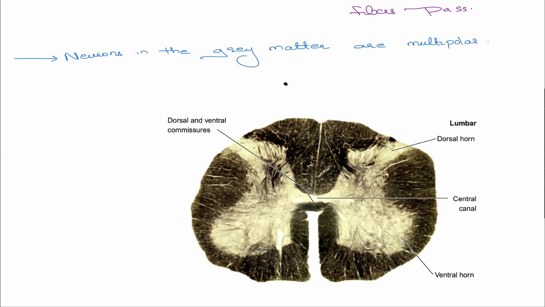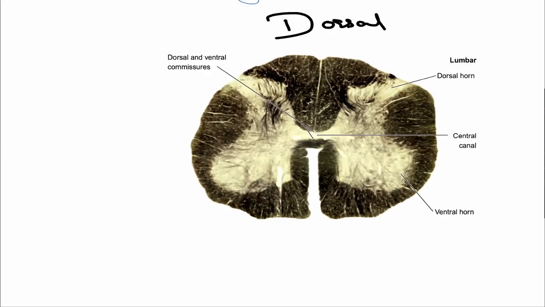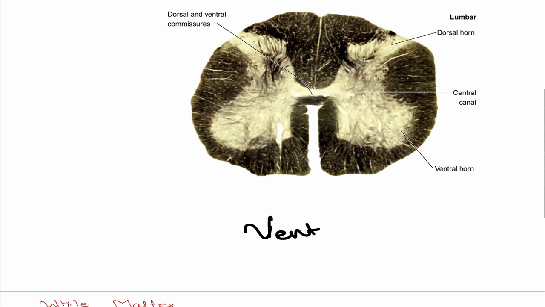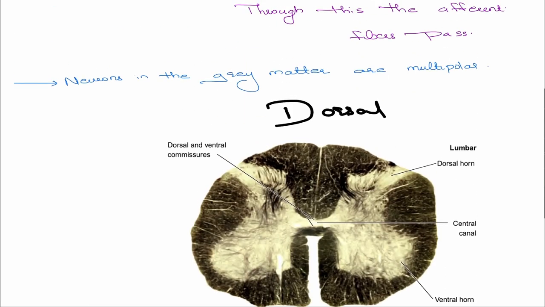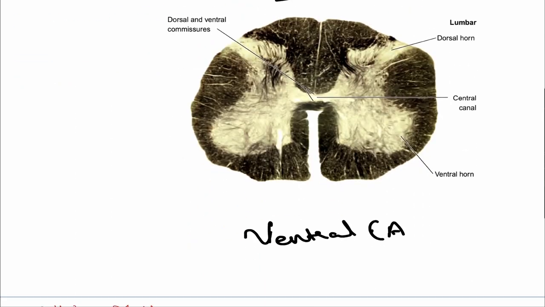So if you just see spinal cord, you have got a dorsal part and a ventral part. The dorsal part is nothing but the posterior part, and the ventral one is the anterior part.